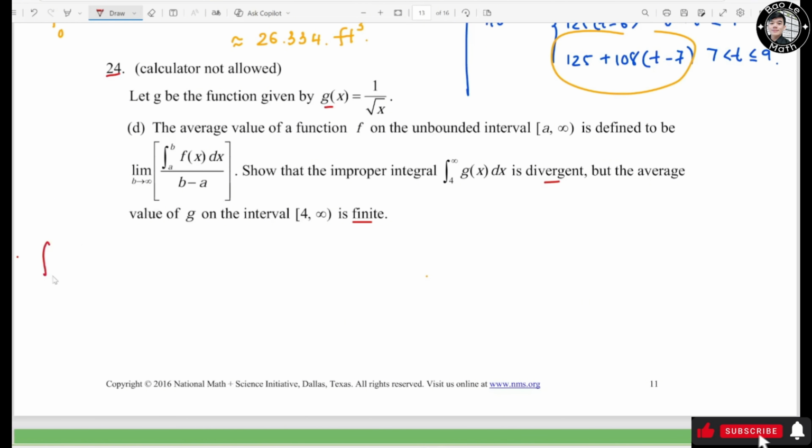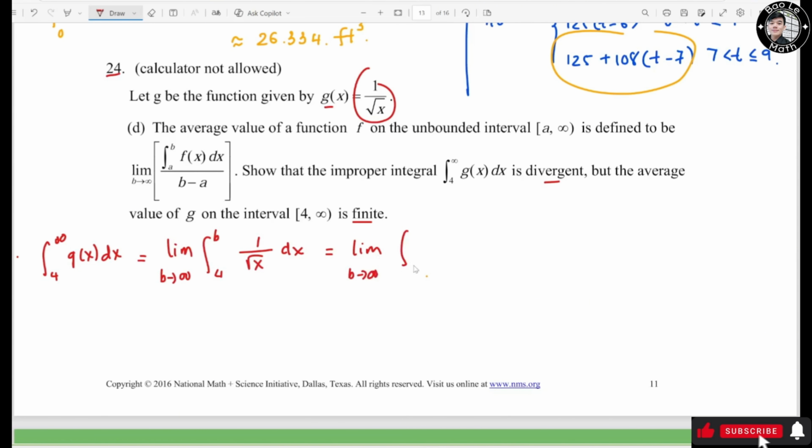We have the integral from 4 to infinity of g(s) ds equals the limit as b approaches infinity of the integral from 4 to b of g(s) ds, but g(s) equals this one. So it's the limit as b approaches infinity of the integral from 4 to b of s^(−1/2) ds.